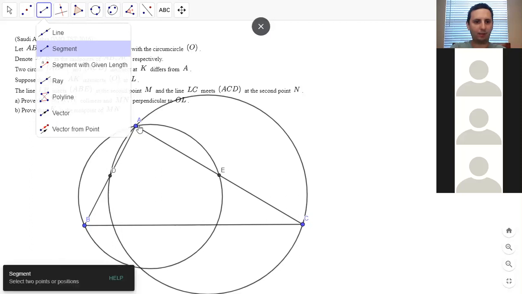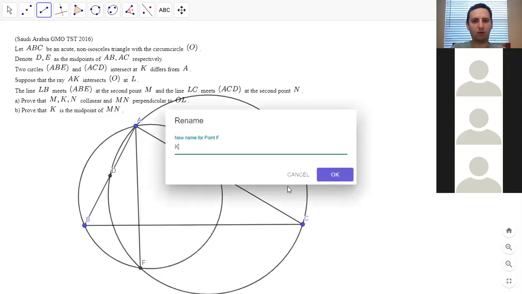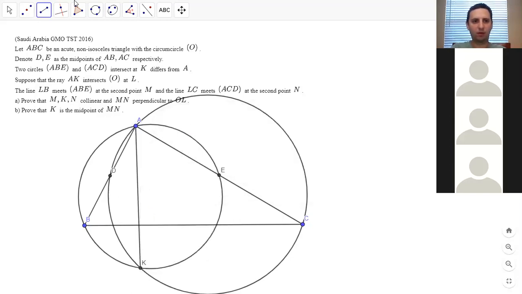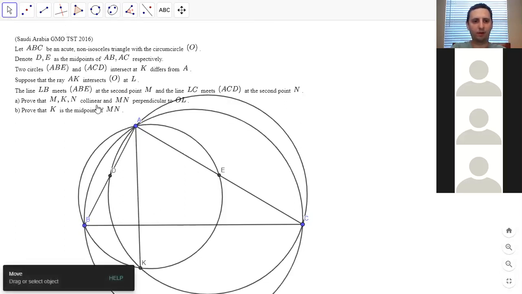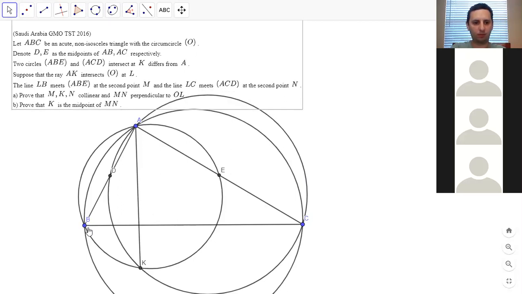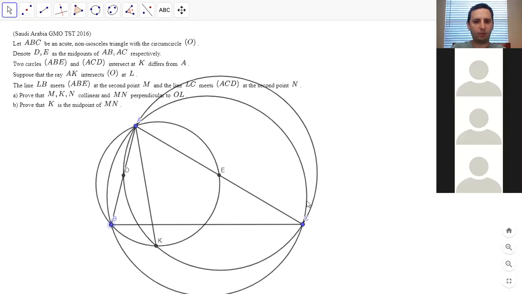Is AK a symmedian? I wonder if we've done this. Yeah, I think it is. I think it's a familiar property of the symmedian. Yeah, I remember it is true. We can just prove it later. Okay, yeah. That might make this problem really easy actually.